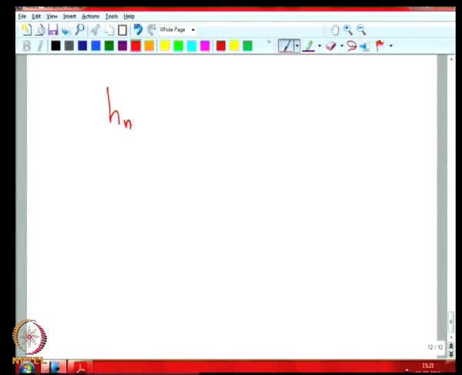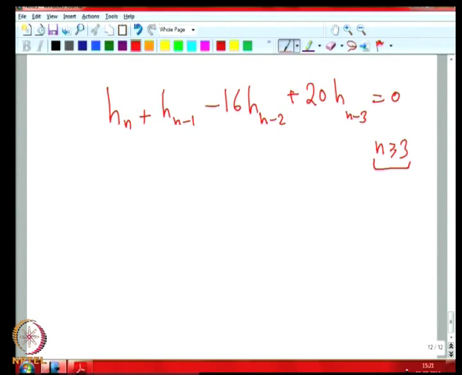We need the initial values, since this will work only for n greater than or equal to 3. So we want h0, h1 and h2.